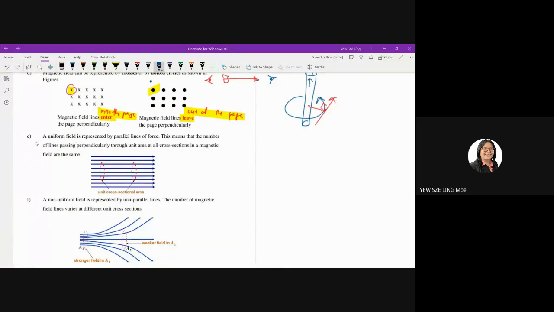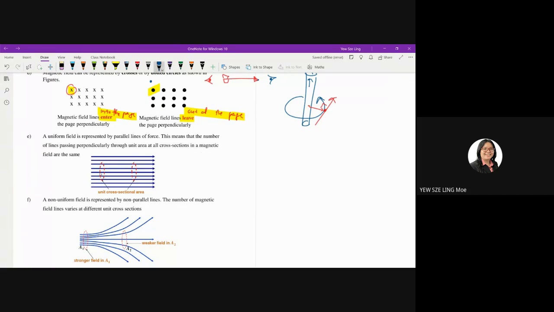This means that the number of lines passing perpendicularly through a unit area, at all cross-sections, meaning your cross-sectional area, at all points in the magnetic field, is the same.